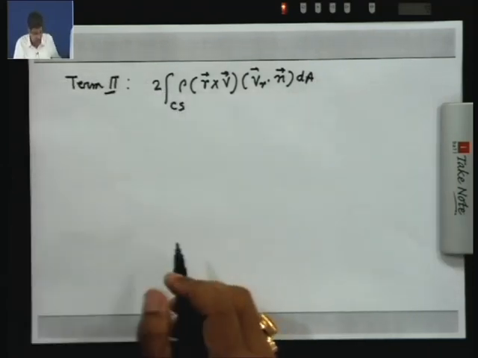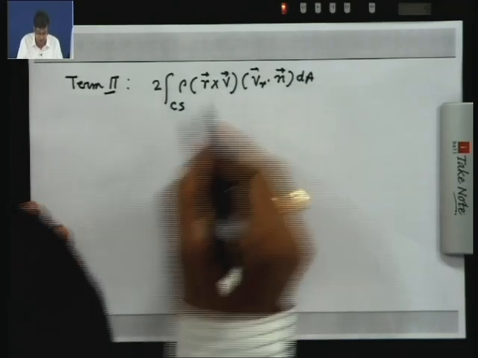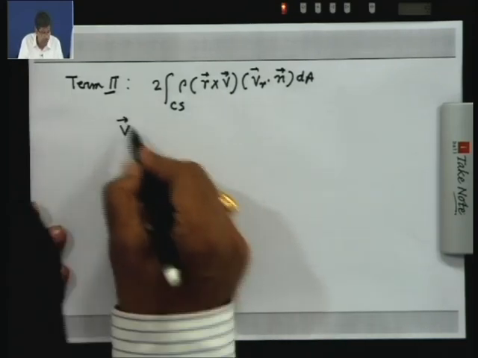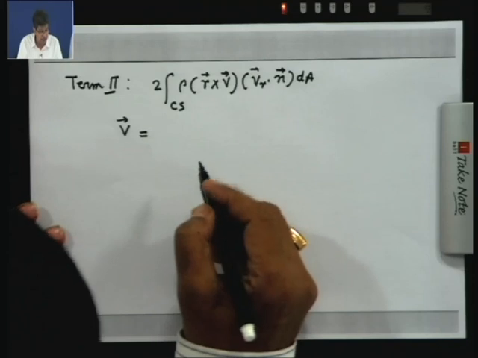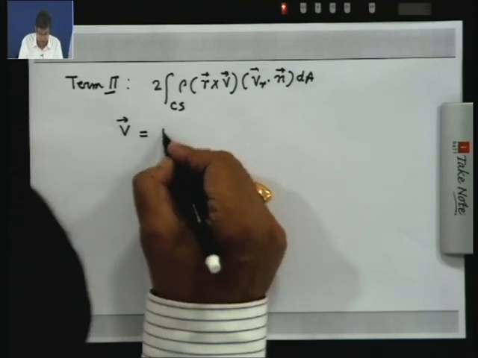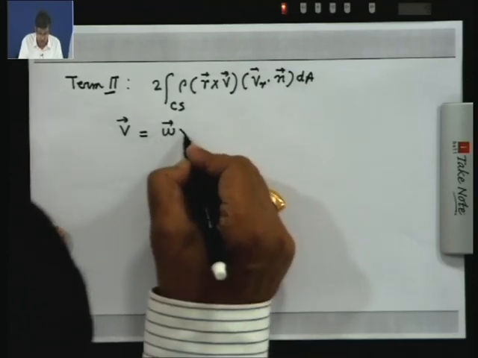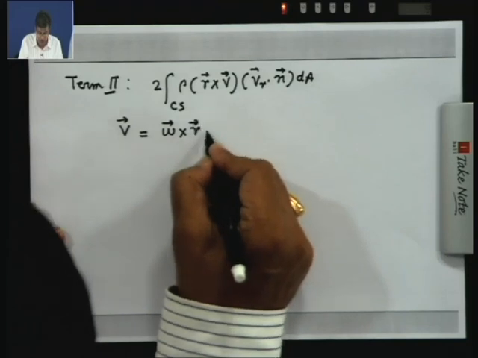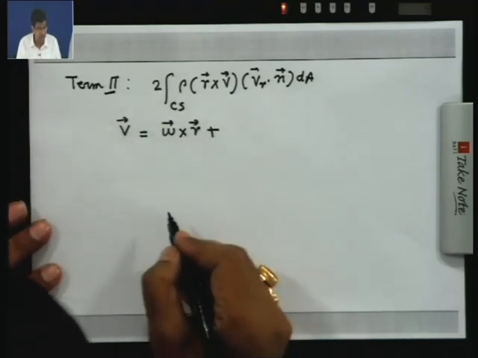Now if we write this V, V will be V of the sprinkler, that is ωR as usual, plus the V_R.